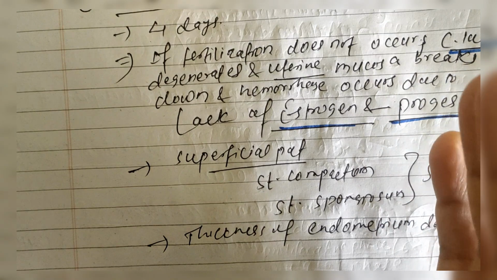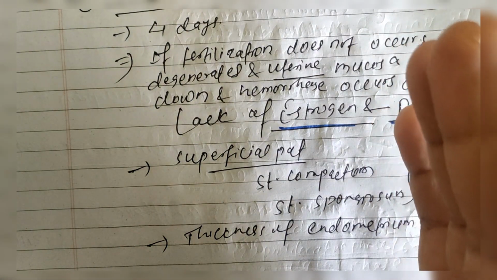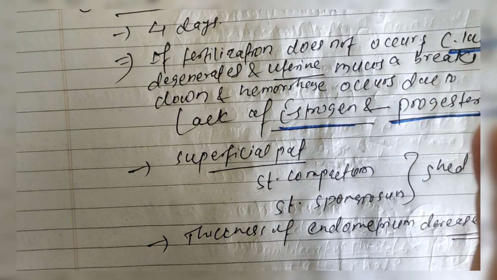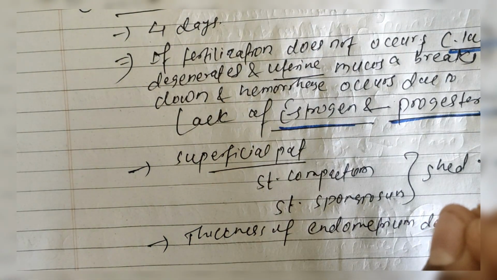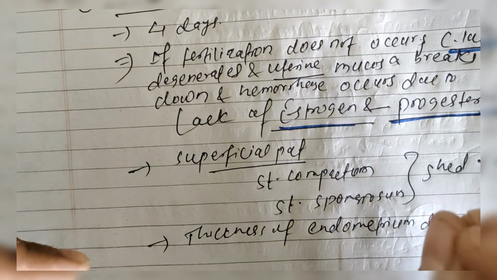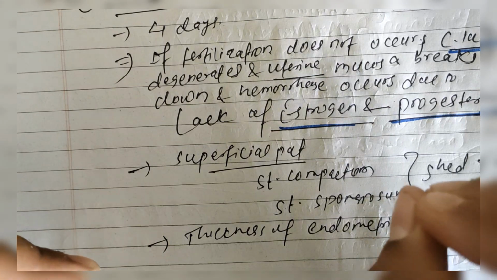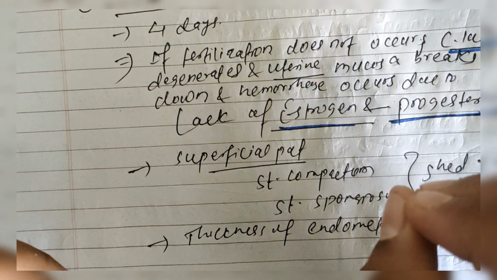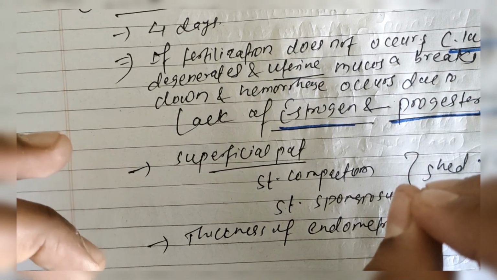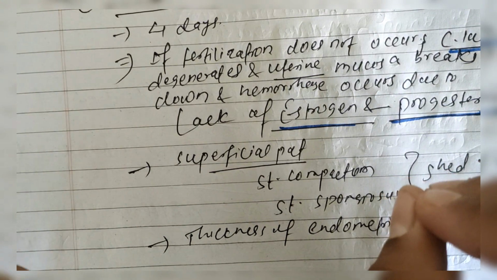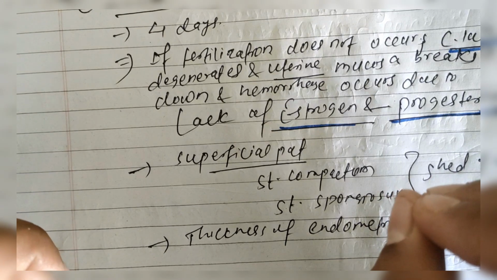For the first 4 days there occurs the bleeding phase, and after that the proliferative phase. In the proliferative phase, the ovum becomes mature and the ovulation takes place at the end of the proliferative phase. And in the secretory phase the corpus luteum is formed and the progesterone hormone is secreted.